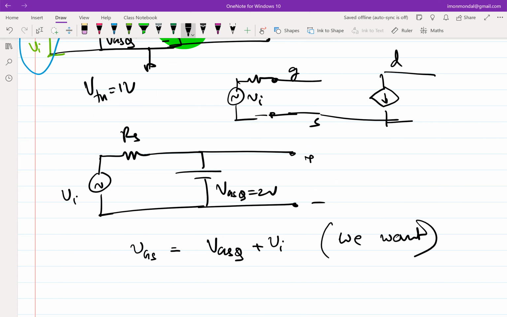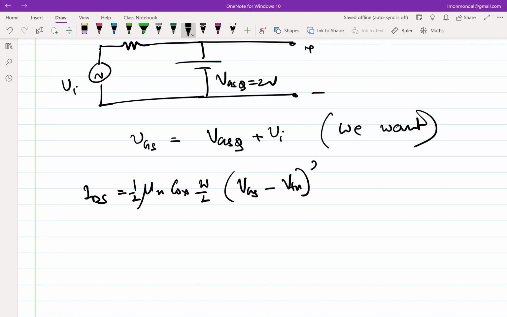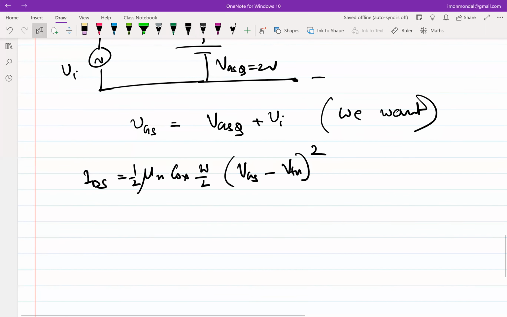To refresh your memory, your current equation is, now if I apply, this is the quiescent. This is quiescent, right? VGSQ. Now, if I apply a small increment on VGSQ, what will happen?